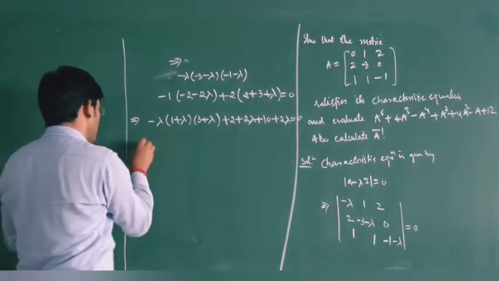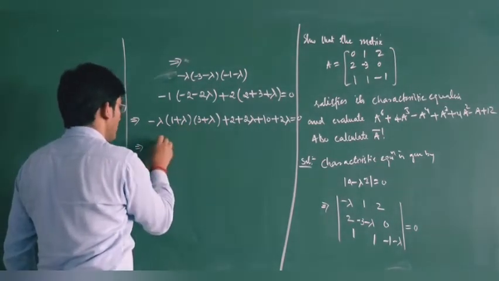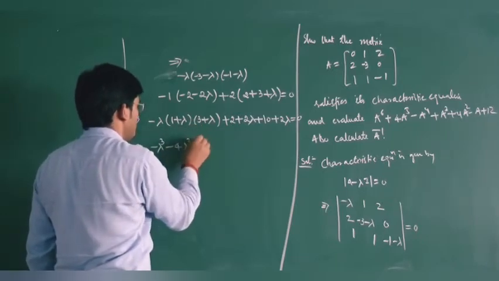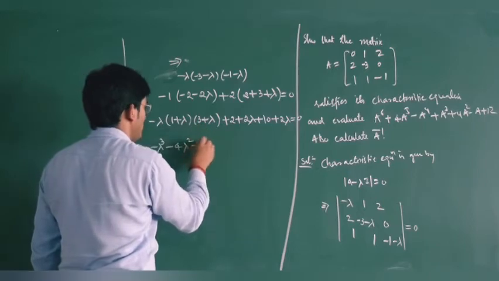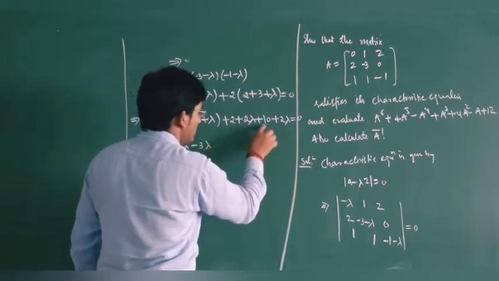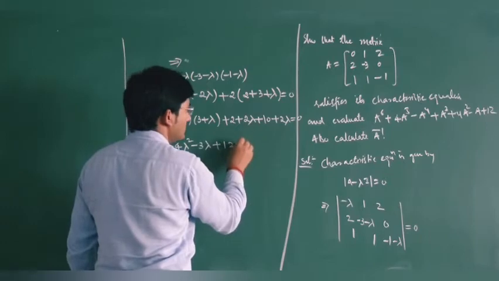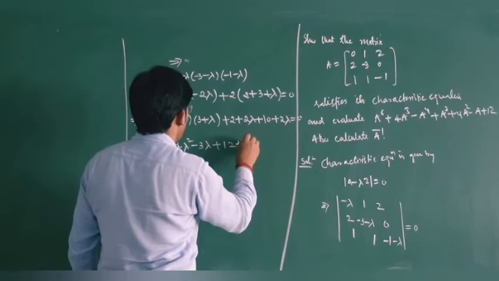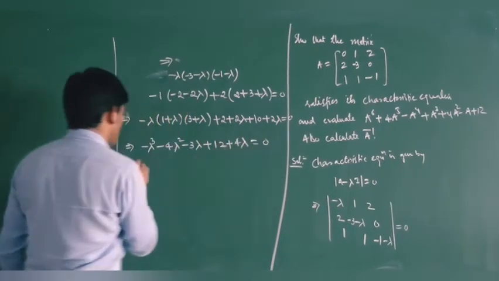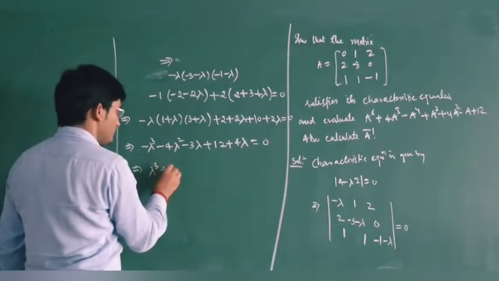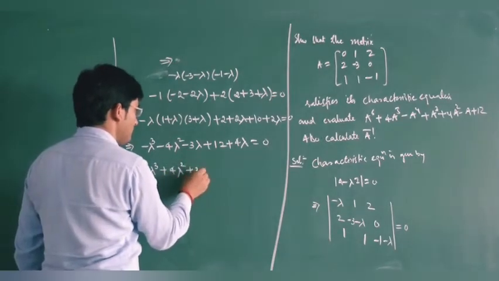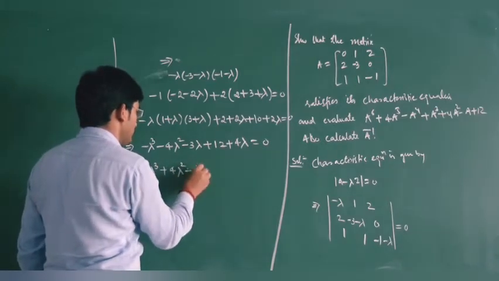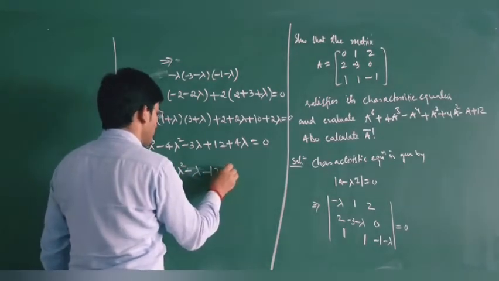Now, if you solve this one, then we will have minus lambda cube, then we have 3 lambda plus 4 lambda, so we have minus 4 lambda square, then we have minus 3 lambda, then this is your 12 plus 2 plus 2, that means 4 lambda equal to 0. So from here we have lambda cube plus 4 lambda square plus 3 lambda, now this is your minus 3 plus 4, so we have plus lambda, so this is your minus lambda, and then minus 12 equal to 0.